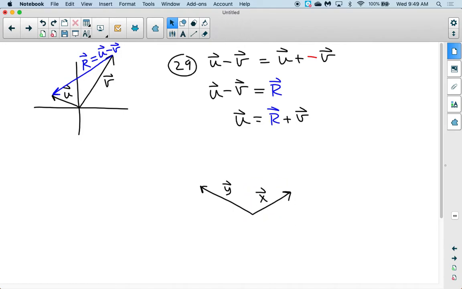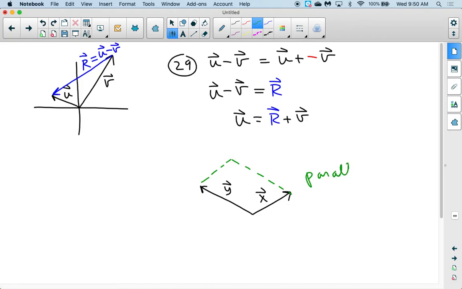The next thing to do is to finish the parallelogram. So this is called the parallelogram method, but it works for both addition and subtraction.